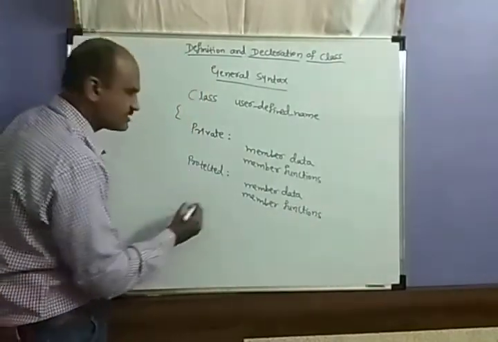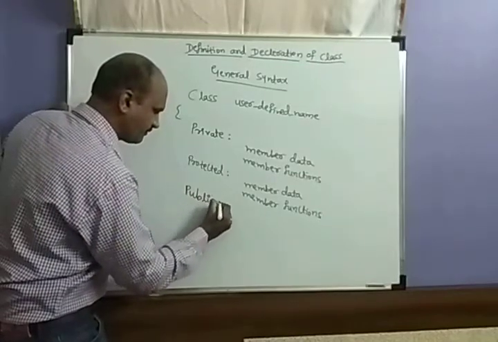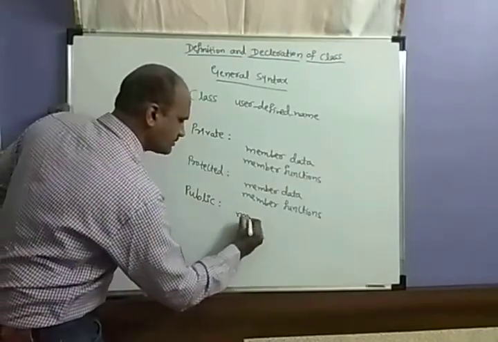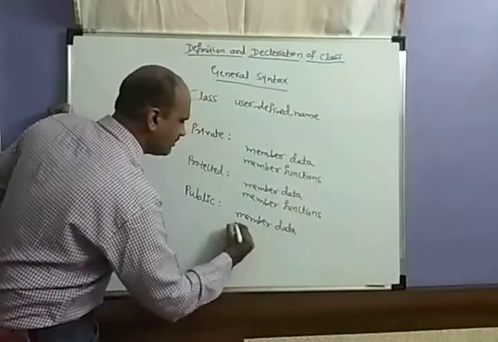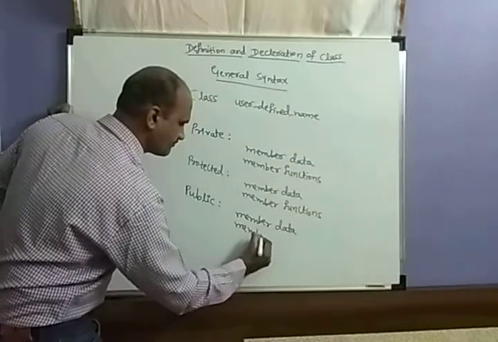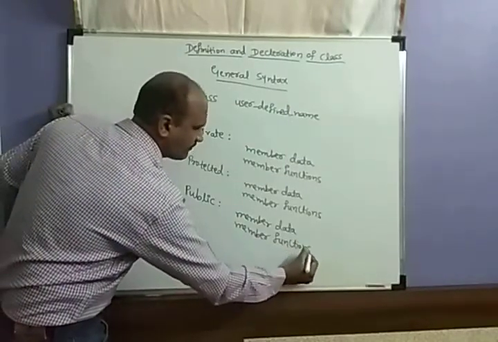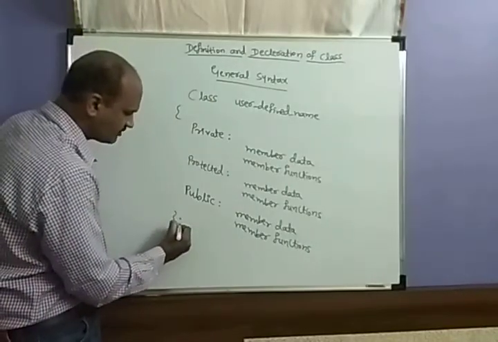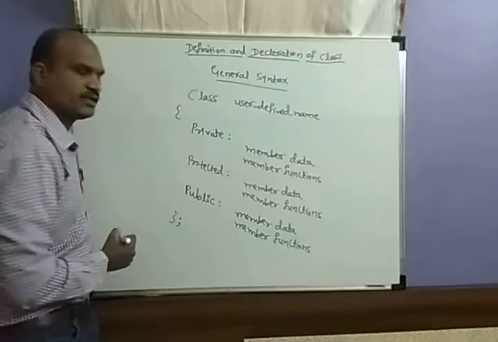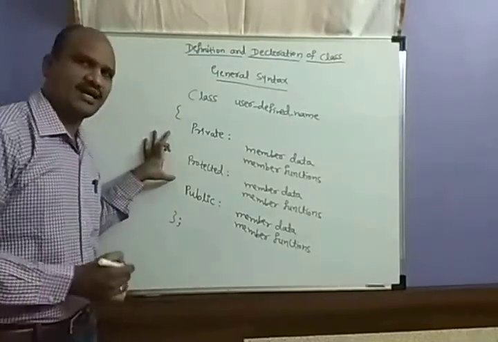Next, there is another one, public, colon, again some member data and member functions. Lastly, close the brace and end it with a semicolon. This is the general syntax to declare a class.